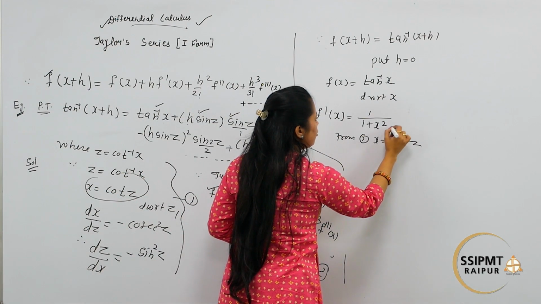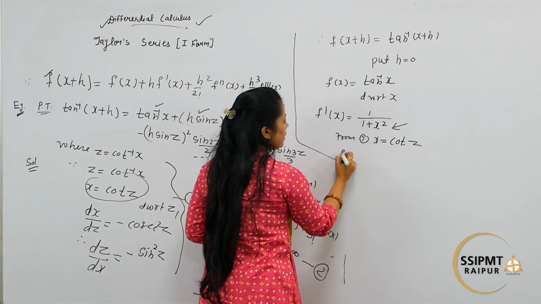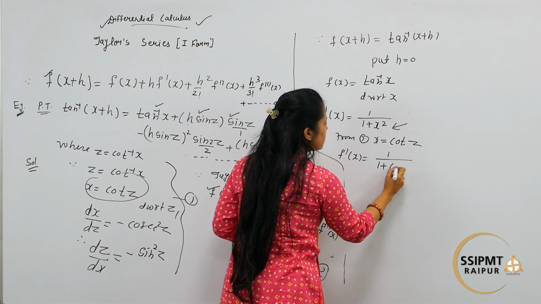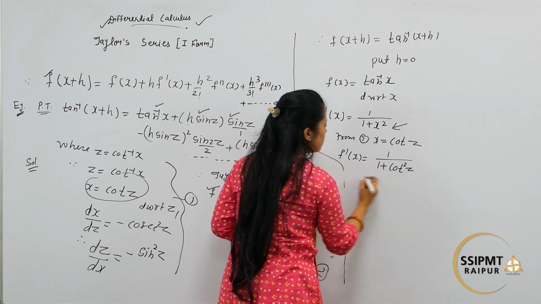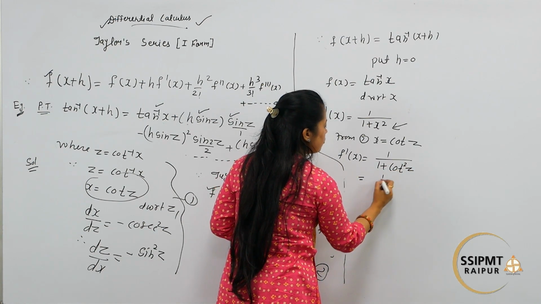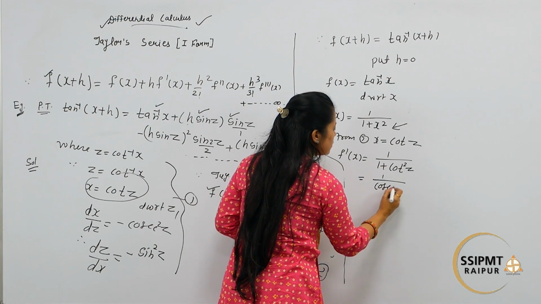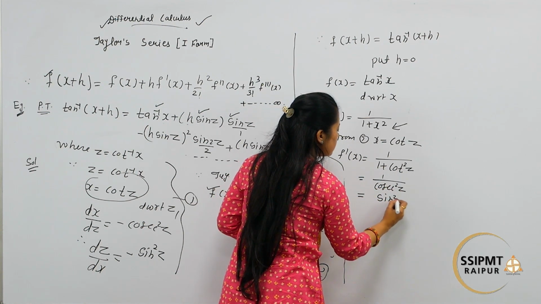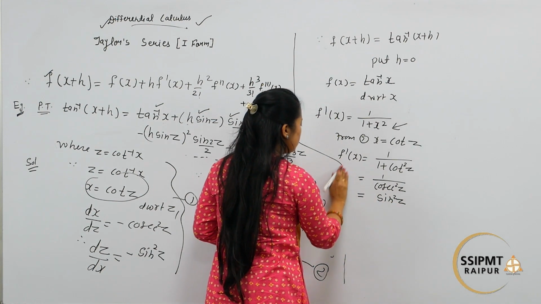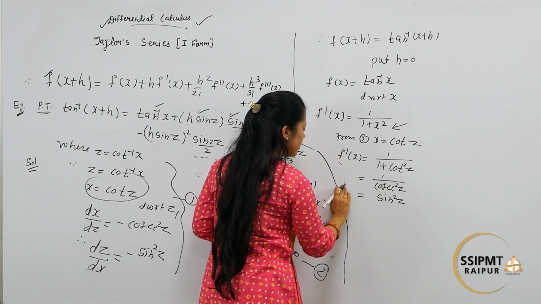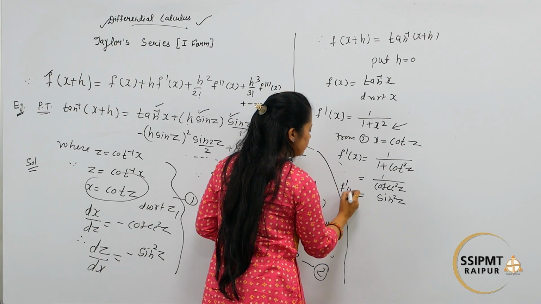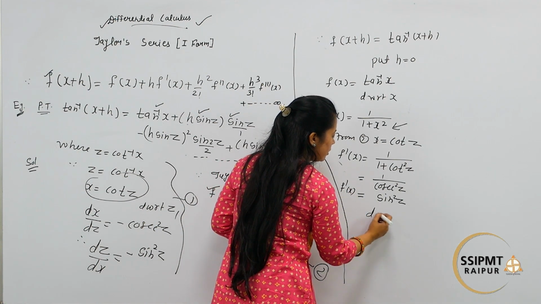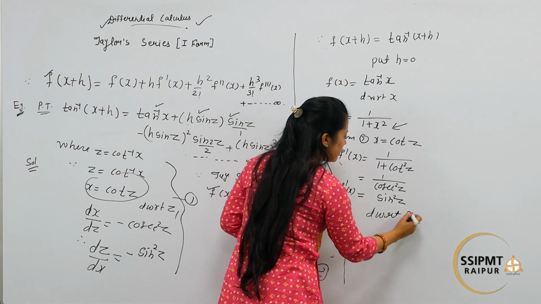So put the value of x over here. f dash of x will be 1 upon 1 plus cot square z, which is equal to 1 upon cosec square z, which is equal to sin square z. So f dash x is equal to sin square z.